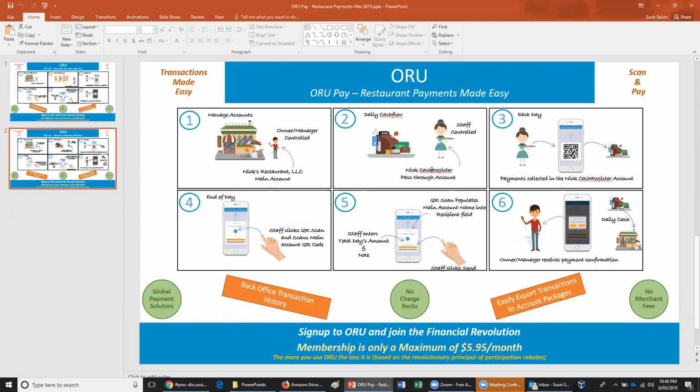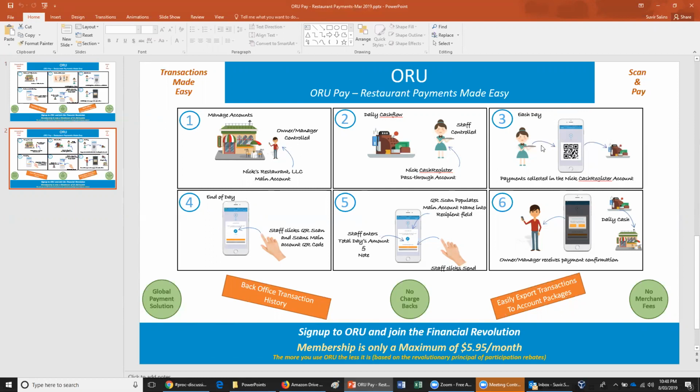Now, they have a secondary account, which is called Nick's Cash Register, and that acts as a pass-through account that the staff can control. So the main account is controlled by the owner or the manager of the restaurant, and this daily cash flow account, Nick's Cash Register, is controlled by the staff. They have password access to this, but not to the main account.